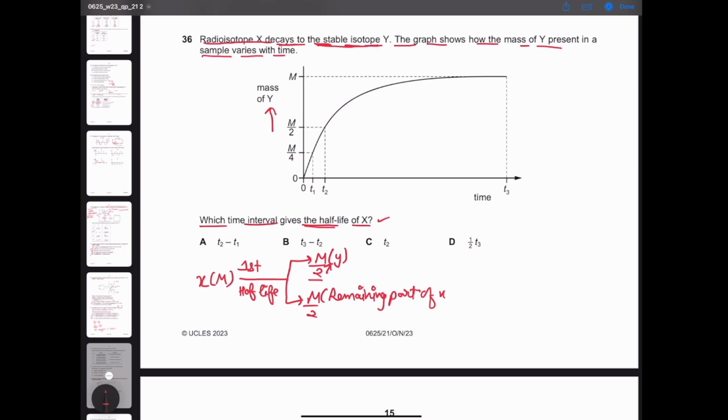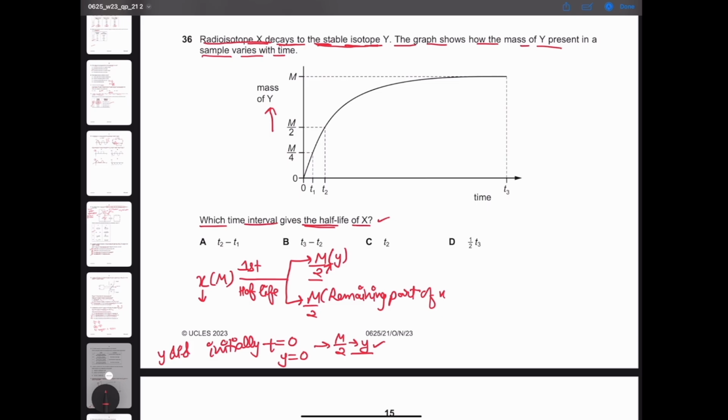Alright. Now just try to understand. Before the decay started, Y did not even exist. Right? The question is saying X decays to form Y. Now I am saying when the decay started, Y did not even exist. So initially at t equals 0, Y was 0. But when the half life happened, m by 2, then Y has some value, right?